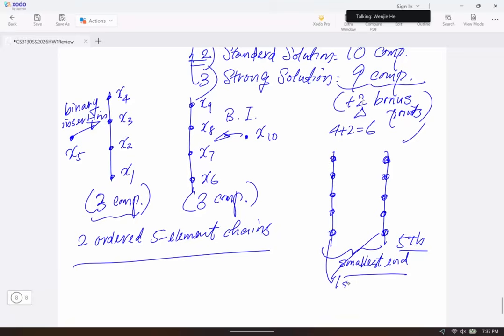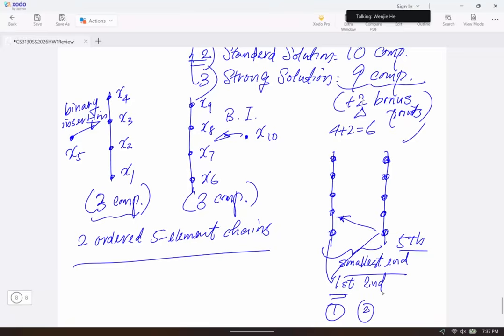After one comparison, we get the first smallest. That's one comparison. Then, one is the winner, one the loser, and the loser is the first smallest. The winner, we compare with the next element in the chain, in order. So, second smallest, second comparison.